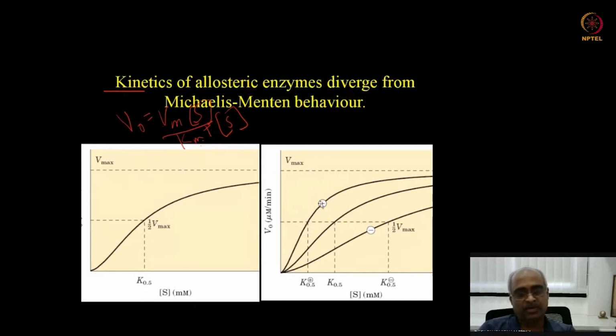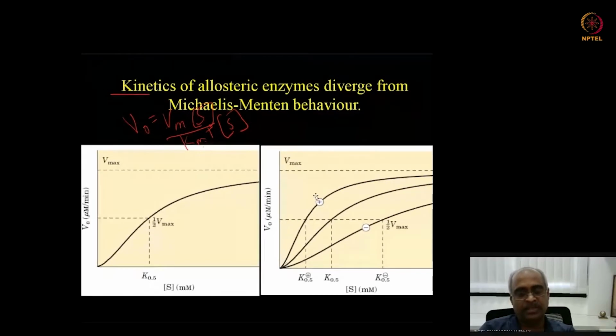And when you have a positive interaction, like positive cooperativity, that is binding to one subunit enhances the binding to the other subunits, as we see in oxygen binding to hemoglobin, then it shifts in this direction. So this is with a positive regulation. And with negative regulation, it shifts in the opposite direction. Okay, so these are characteristics of allosteric regulation.